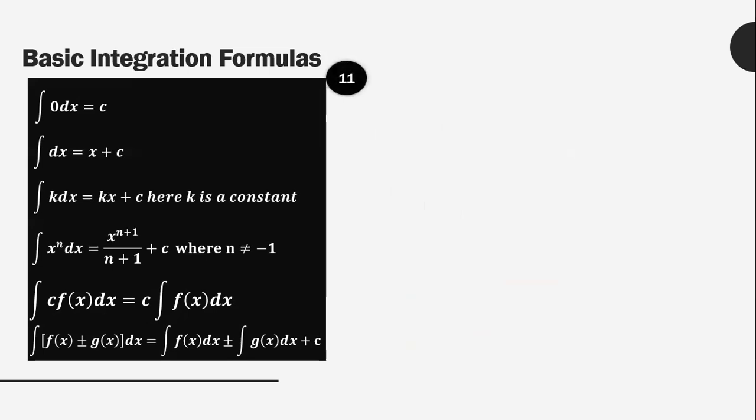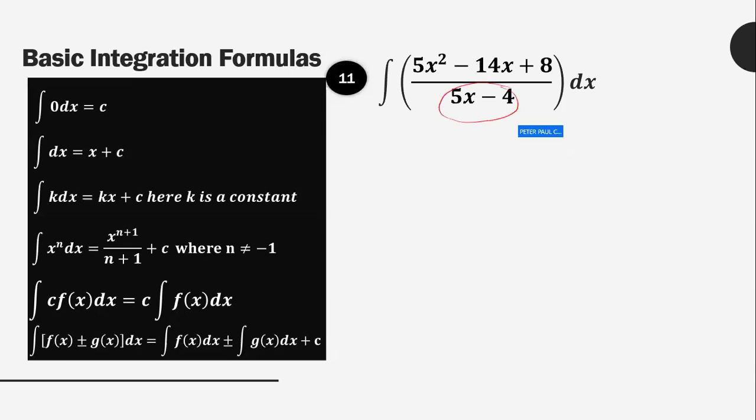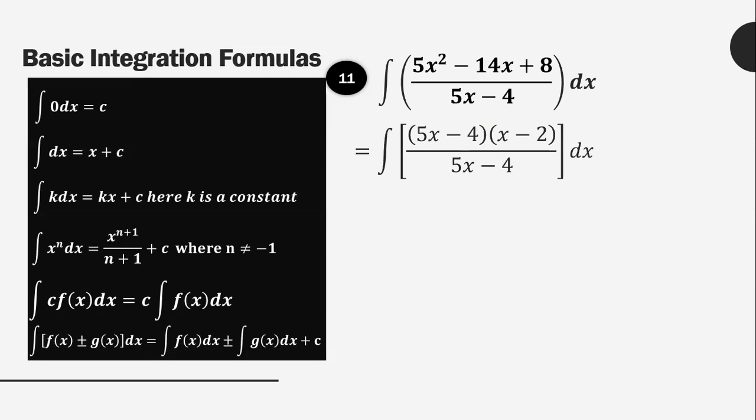For example, number 11, we have the integral of 5x squared minus 14x plus 8 over 5x minus 4 dx. Notice again that 5x minus 4 gives us an idea that there is another factor on top, which is 5x minus 4. So the other factor is actually x minus 2. Check. 5x times x is 5x squared. Negative 4 times negative 2 is positive 8.